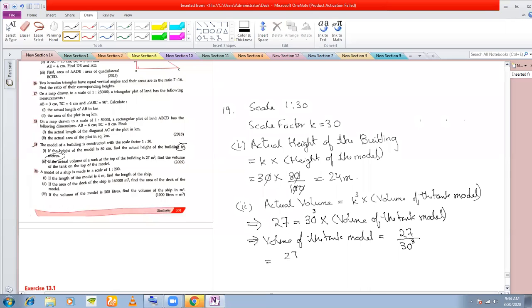So 27 divided by 30 into 30 into 30. So 3 will cancel with 3, 10, again 10, again 10. This cancels once, this again cancels once, this again cancels once. So you get 1 by 1000 meter cube. This is 0.001 meter cube.